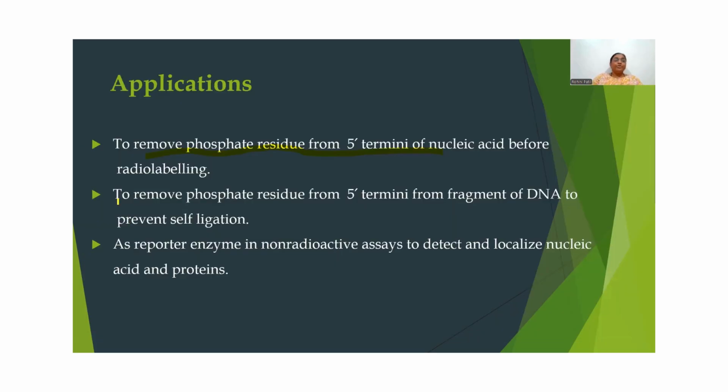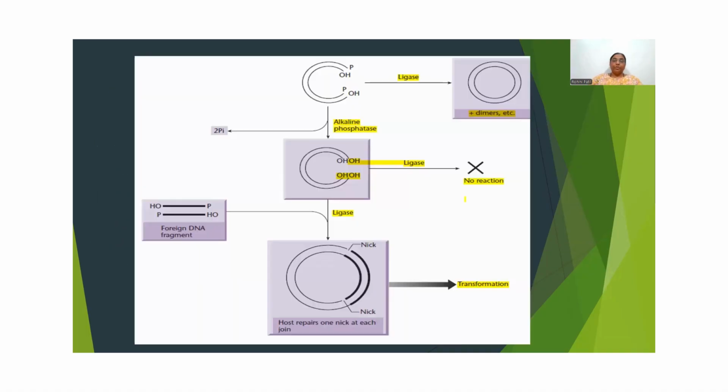A second application is to remove the phosphate residue from the 5' terminus of the DNA fragment to prevent self-ligation. Now, here is a reaction that explains what has been told in that application. When you have to clone a foreign DNA fragment into a vector molecule, the vector is going to be cleaved.